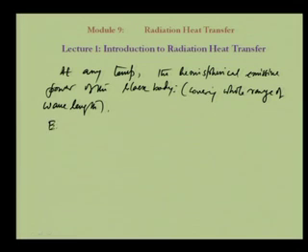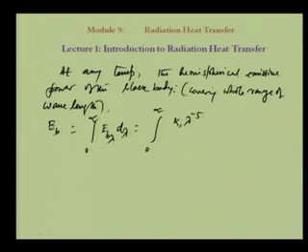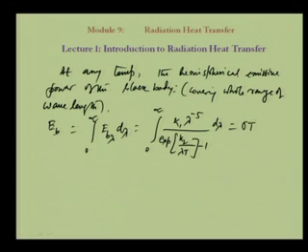We have Eb, the hemispherical emissive power, and that will be equal to, we have to do the integration 0 to infinity Eb lambda d lambda, and that is equal to 0 to infinity K1 lambda to the power minus 5 by exponential K2 by lambda T minus 1 d lambda, and this after integration gives us sigma T to the power 4.